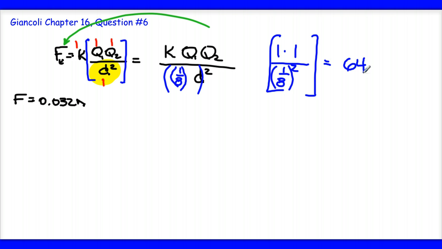So in order to answer the question, I'm simply going to take the original electrostatic force and multiply it by 64, which is the new increase in the force. 64 times 0.032 is going to give me 2.0 newtons, which is the answer to question number 6.